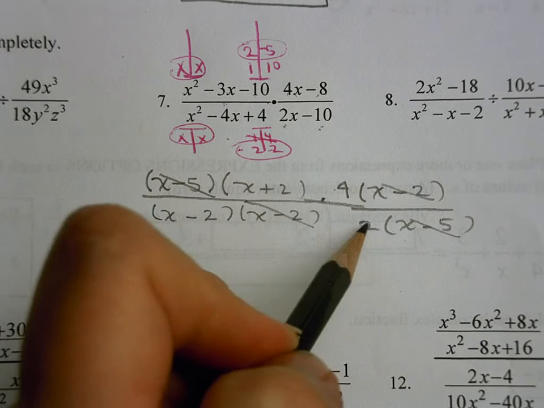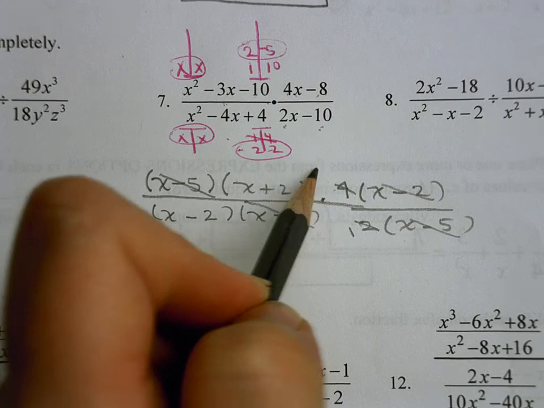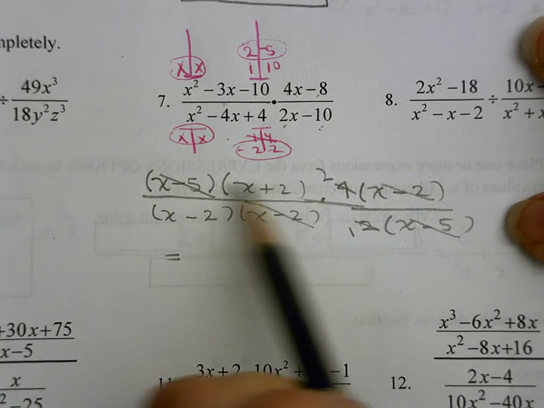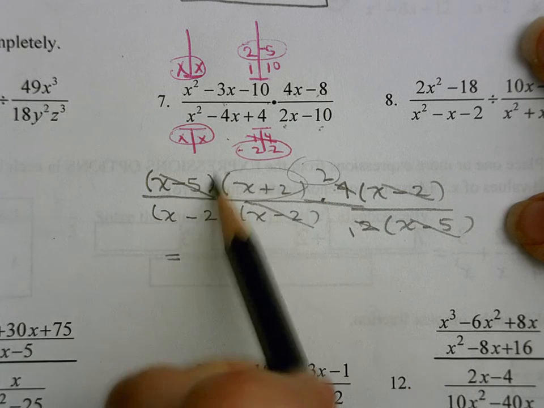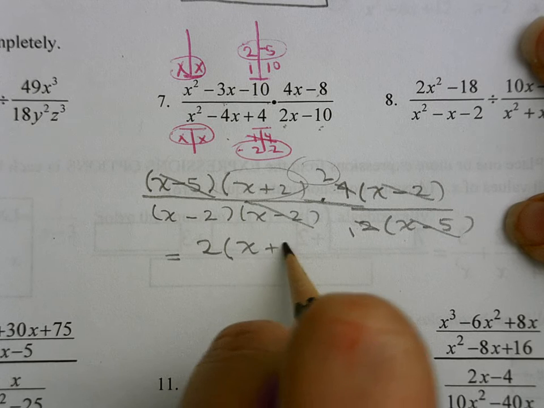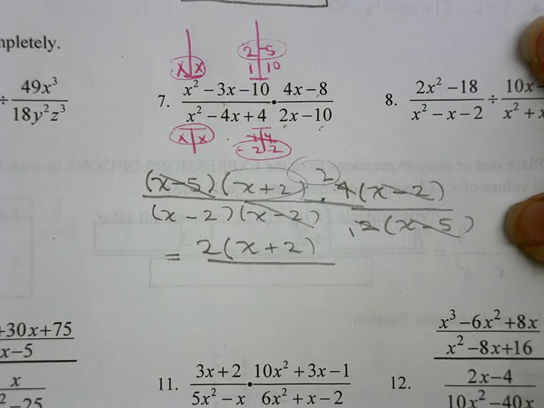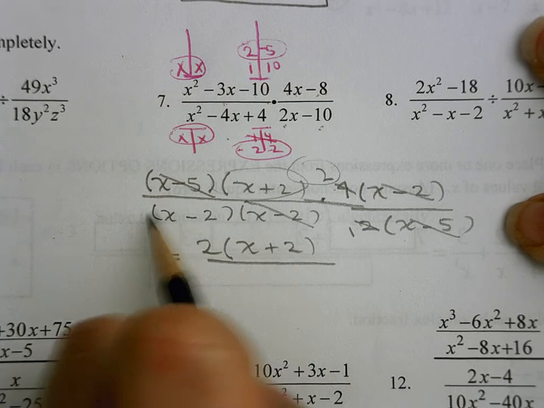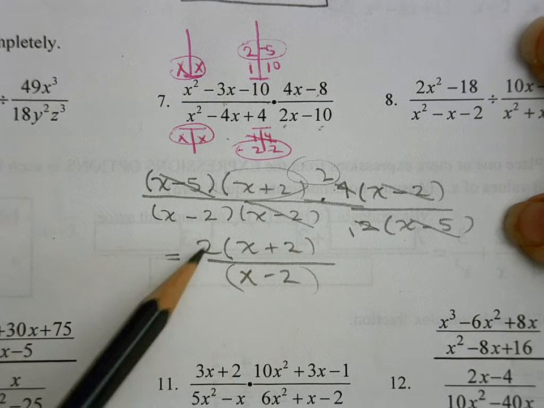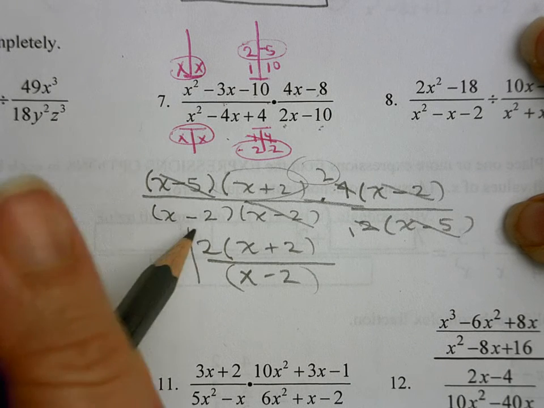So 2 goes into 2 once and into 4 twice. So for my numerator, the only thing in here is a 2 and an x plus 2, and to have it in the right order should go 2 first. And then for the denominator, I only have the x minus 2. And so there's no other common factor, and so that's my final answer.